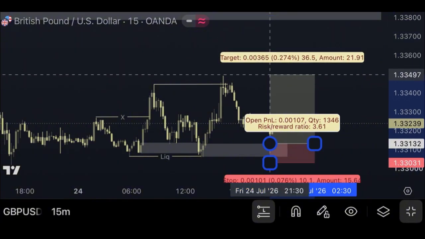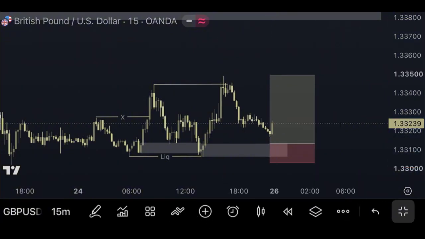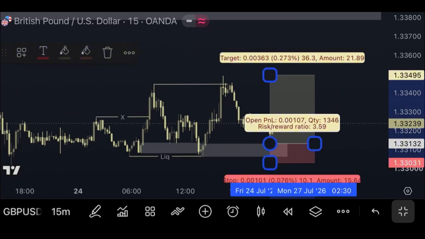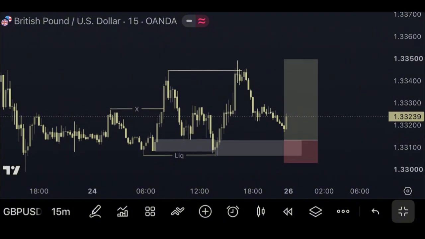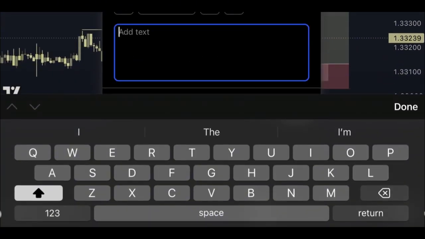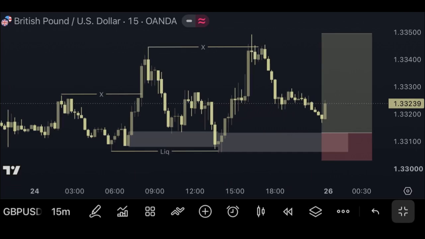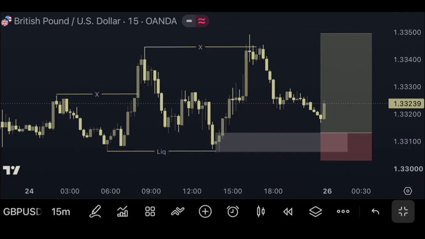It's better I take my 1 to 3.6 or 3.5. I'm good to go for the day. If I see 1 to 3 on a very good day, I'm good to go for the day. So as you can see, this is a very good, very sweet pullback trade that you can take on a Monday morning.